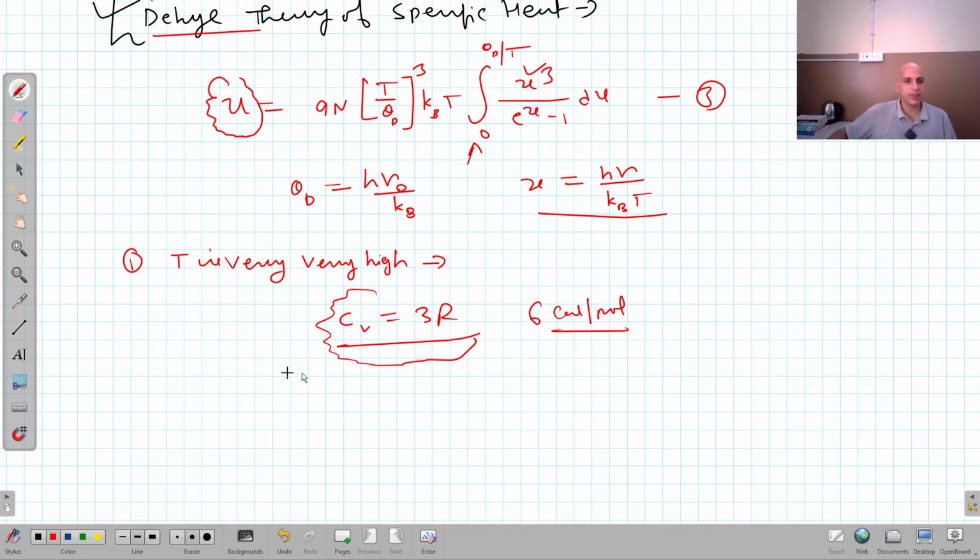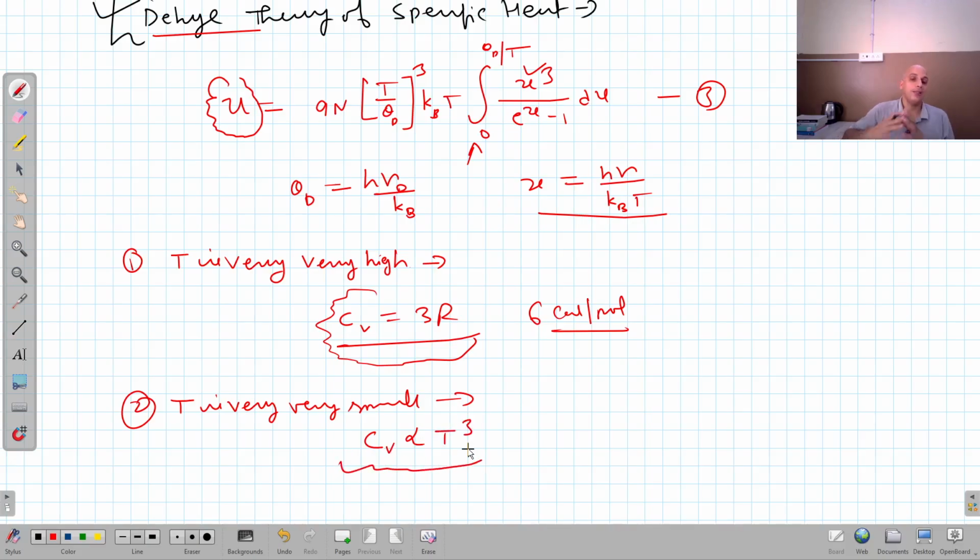But when the temperature T is very small and we apply this condition, we get Cv directly proportional to T cube. This is what we call the Debye T cube law: at very low temperature, the specific heat of solids is directly proportional to the cube of temperature.